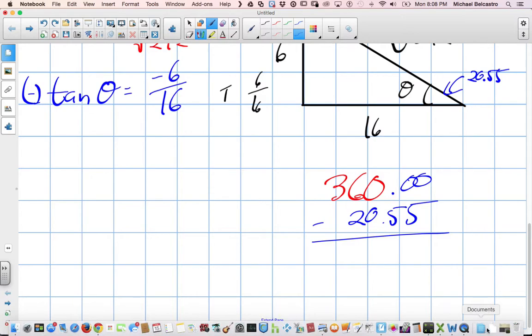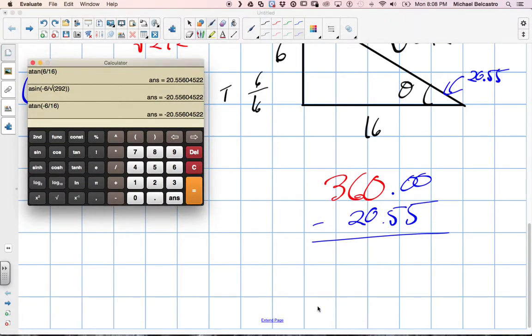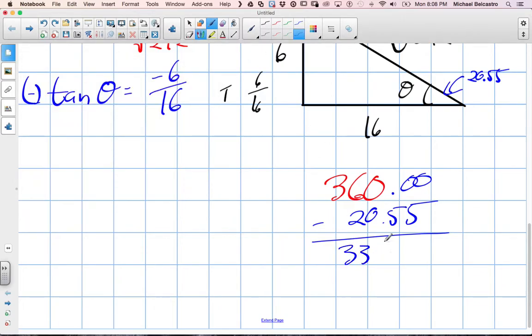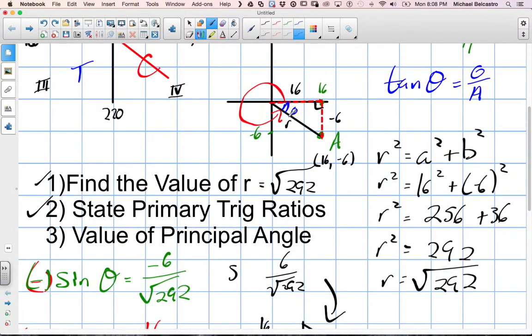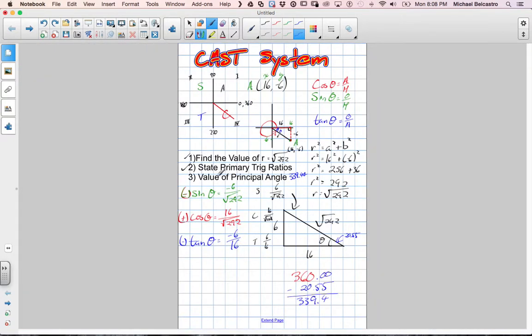When we subtract 360 minus 20.55, or actually, let's put the whole value in, you get approximately 339.44. So that would really be our principal angle, the one coming all the way around, 339.44. That's our acute related angle.